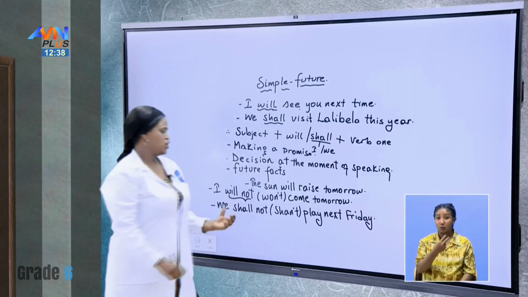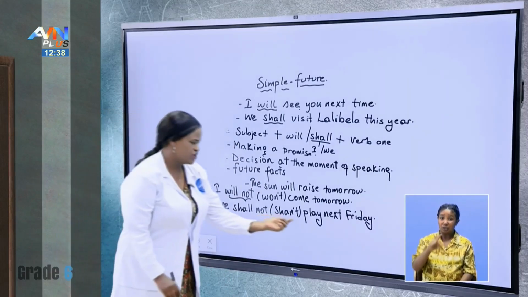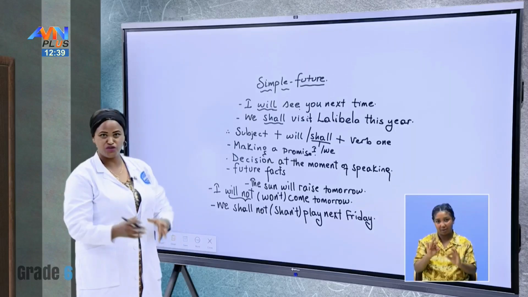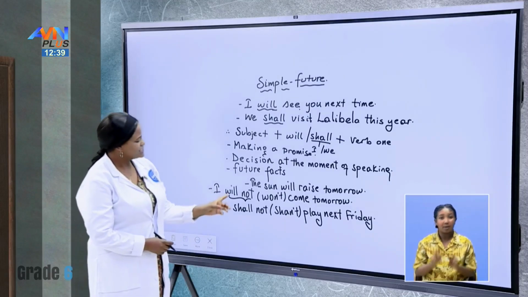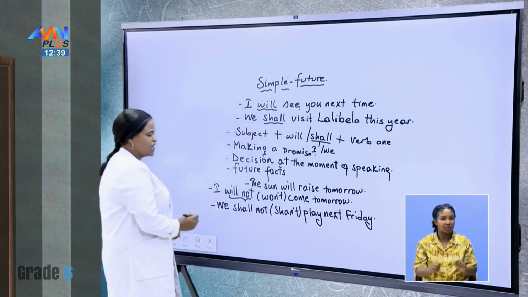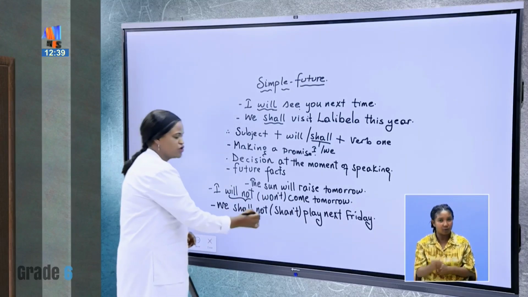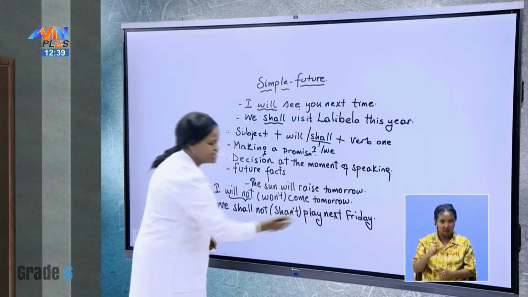Look, we shall not or we shan't play next Friday. Yes, that means there is a change in program. Yeah, but let us see the structure. On the first one, will not or won't come, and we shall not or shan't play next Friday.